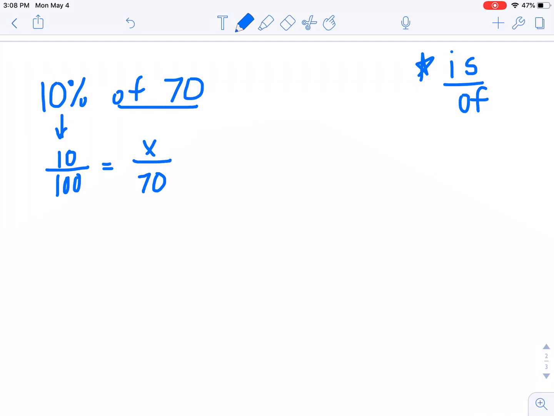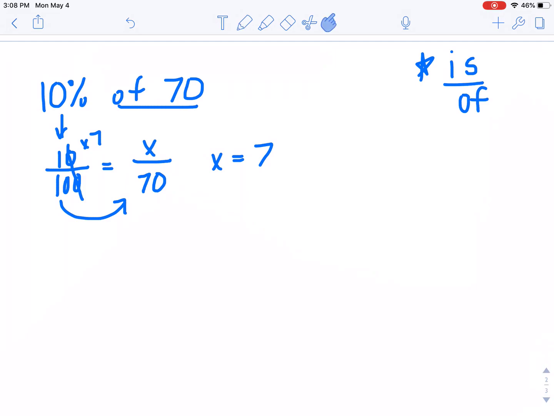Now I'm looking at this going, oh my gosh, but 70 into 100, that doesn't work. Well, I'm dealing with a pretty easy fraction here because I can cross off those zeros. See that? And now I can go this way. How many times does 10 go into 70? And so I do 1 times 7, and x equals 7. So 10% of 70 would be 7. Okay, not too hard, pretty easy.